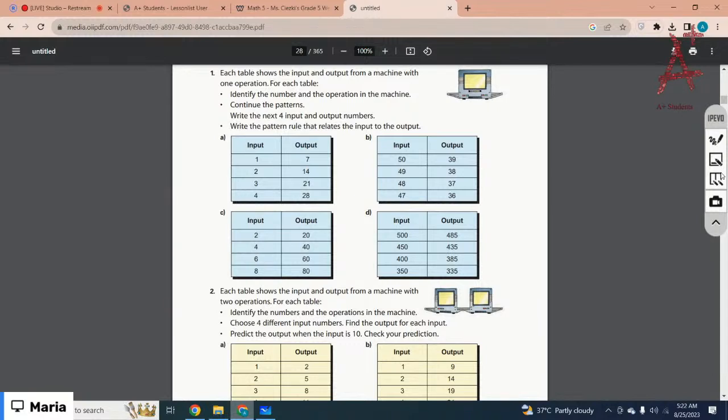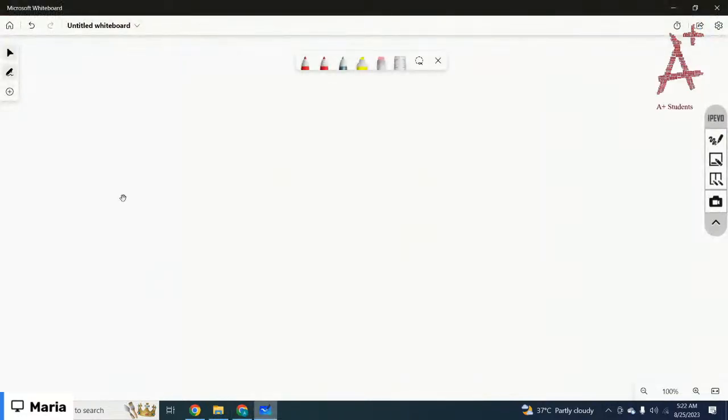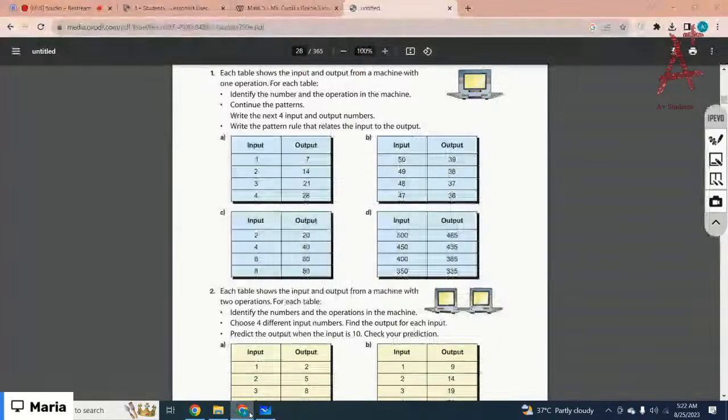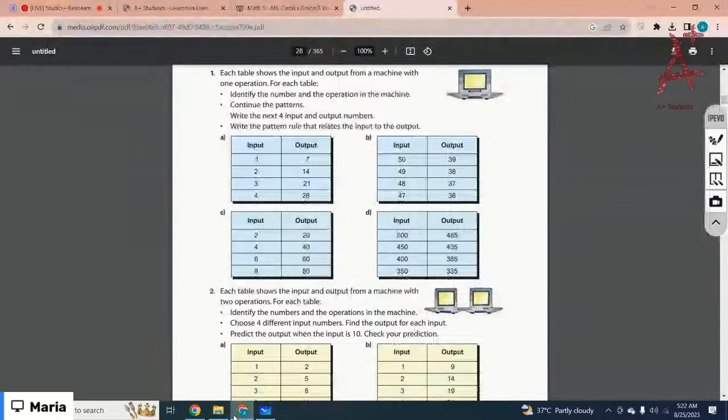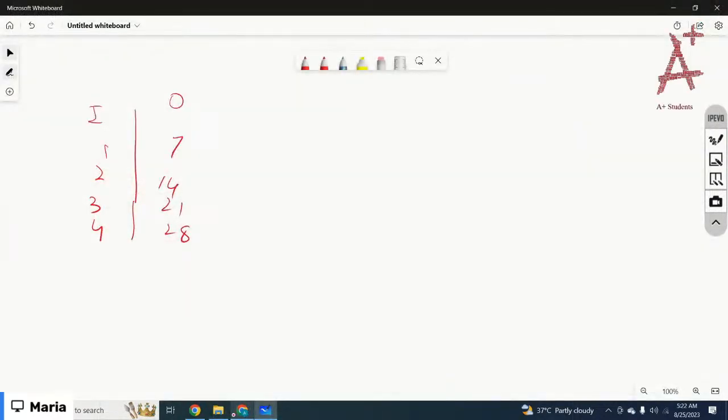Okay, let me just make a 1, 2, 3, 4 table on the board, and the output values are 7, 14, 21, 28. Okay, just relate the input output values, right? First you have to relate.